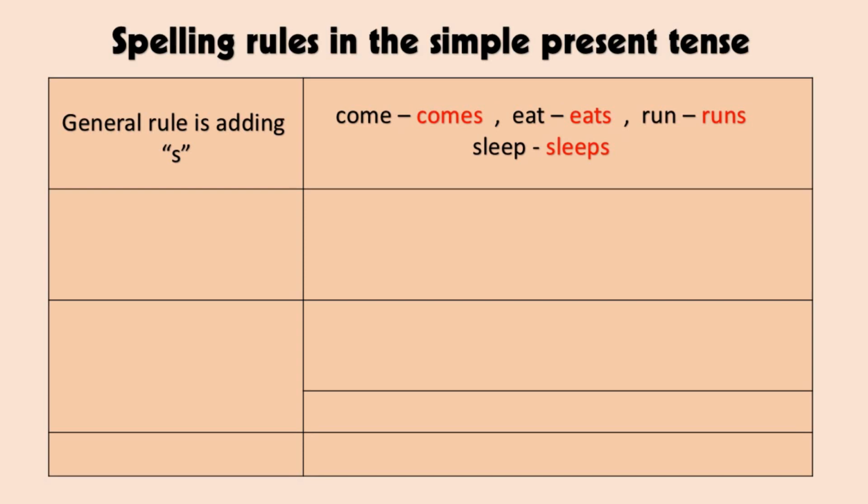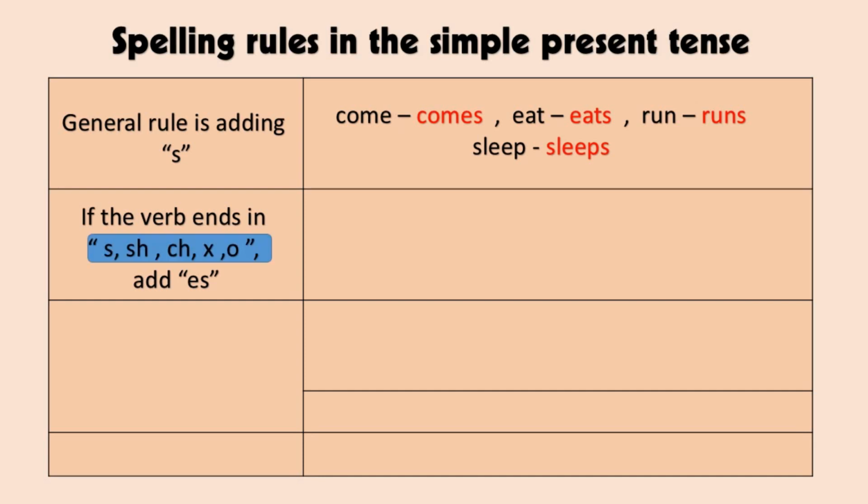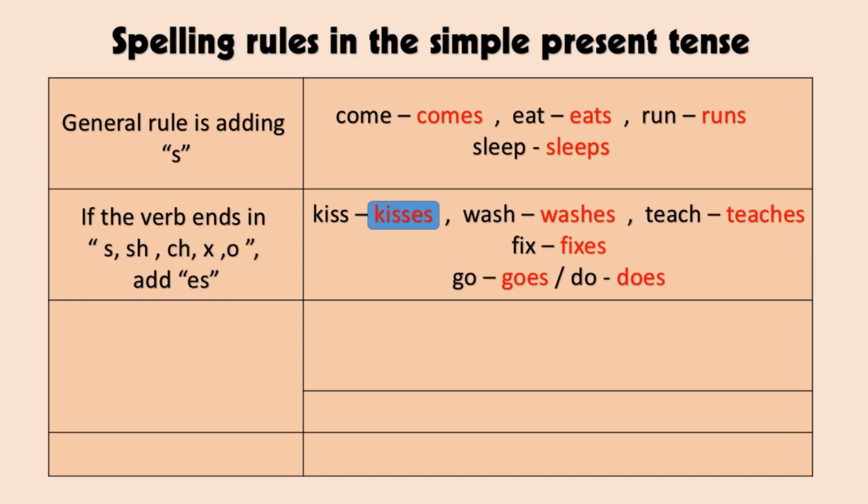But in some cases, that doesn't happen. We can't add only s. Here, if the verb ends in s, sh, ch, x, and o, we need to add es. As in these examples, kiss kisses, wash washes, teach teaches, and fix fixes.